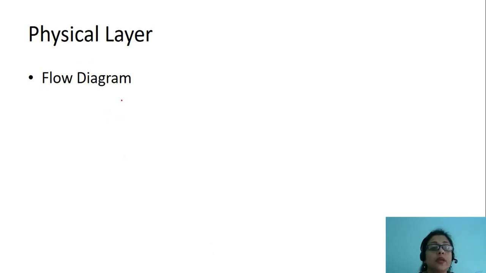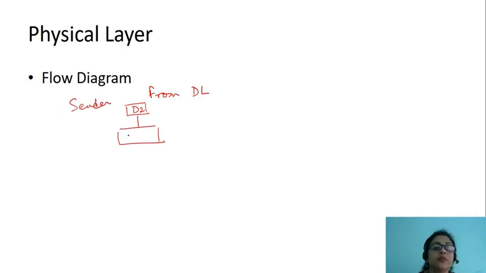So it will be receiving data from its upper layer, that is the data link layer. So it will be receiving D2 data from the data link layer if it is the sender. So it comes to the physical layer. It forms the D1 data.